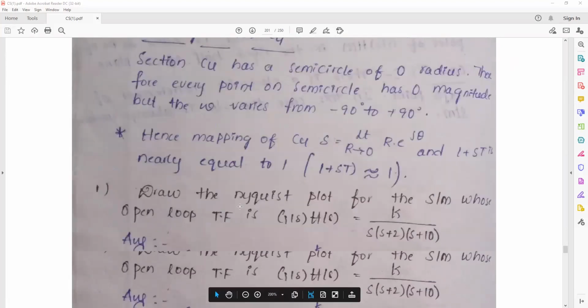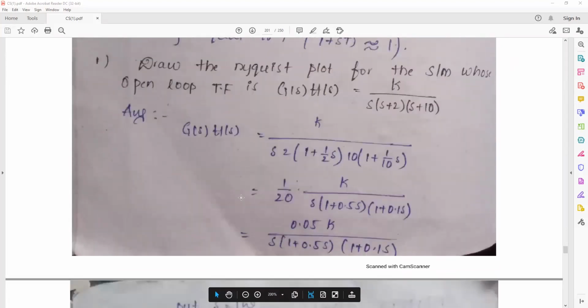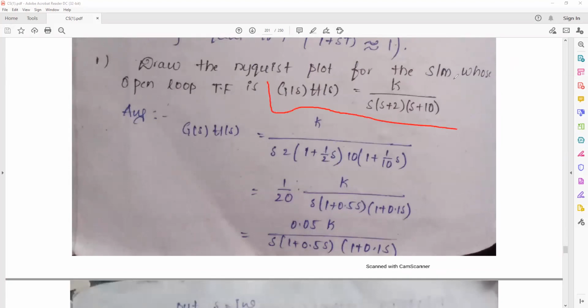And next, draw the Nyquist plot for the system whose open loop transfer function is G of s H of s equal to k by s into s plus 2 into s plus 10. G of s H of s is equal to k by s into s plus 2 s plus 10. So the same process as in drawing the Bode plot.